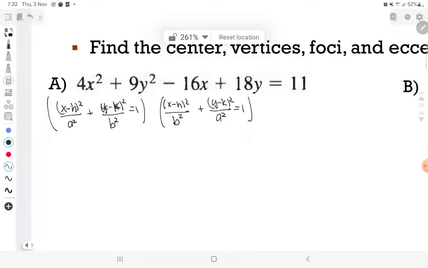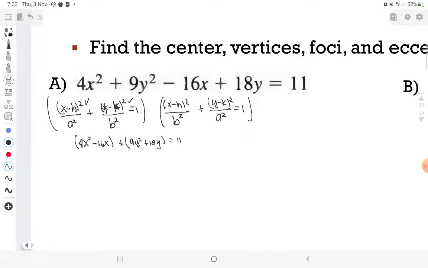Let's have our first group: 4x squared minus 16x, plus 9y squared plus 18y equals 11.